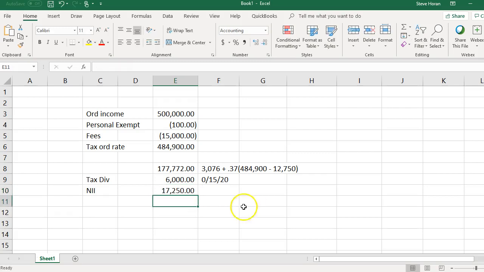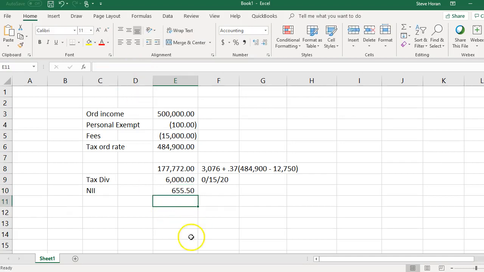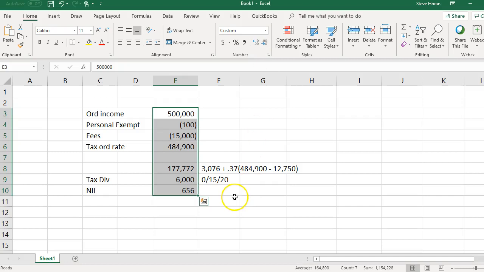Okay, so I take those and I multiply that by 3.8%. Whoops, I did not do the right number there, 0.038. Then I get to my number that I want, 656. We should really be rounding these to whole dollars here.